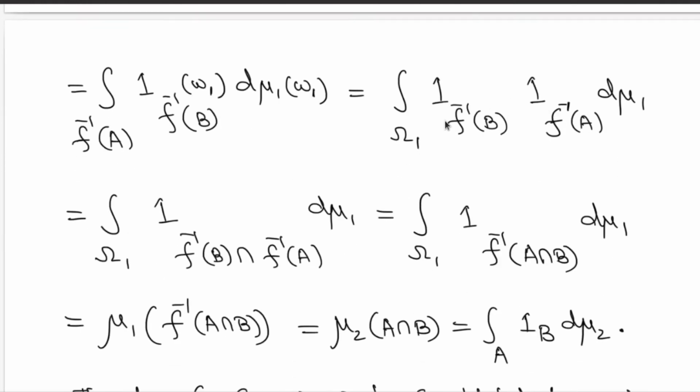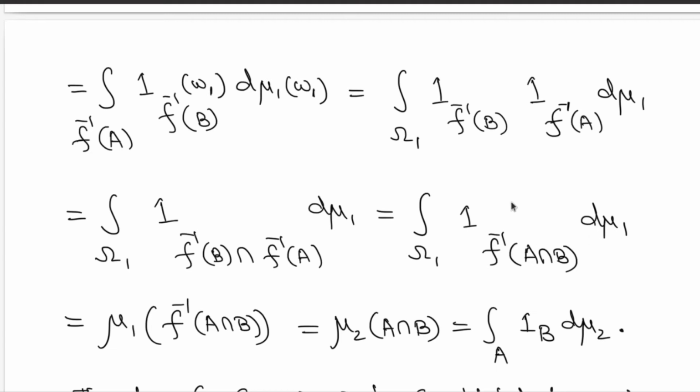Now this is the product of two indicators, so therefore as observed earlier, this is nothing but the indicator of the intersection of the two sets. So just write that down. But then you are now saying that you are going to integrate the indicator of some set with respect to the measure mu 1, right? Now using the properties of the pre-image, you can also rewrite it as f inverse of A intersection B.